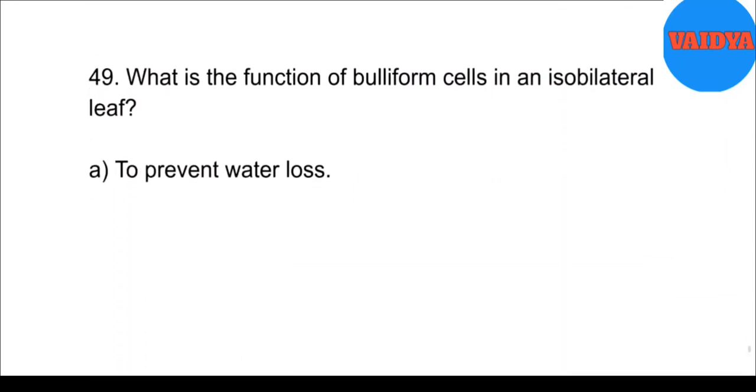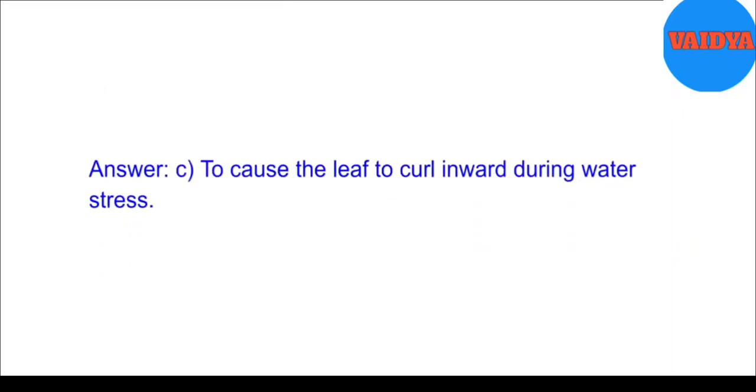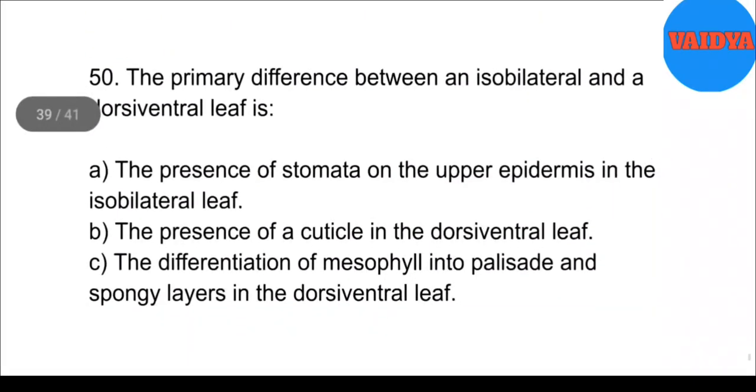49. What is the function of bulliform cells in an isobilateral leaf? A. To prevent water loss. B. To store food. C. To cause the leaf to curl inward during water stress. D. To facilitate gas exchange. Answer: C. To cause the leaf to curl inward during water stress. 50. The primary difference between an isobilateral and a dorsiventral leaf is A. The presence of stomata on the upper epidermis in the isobilateral leaf.